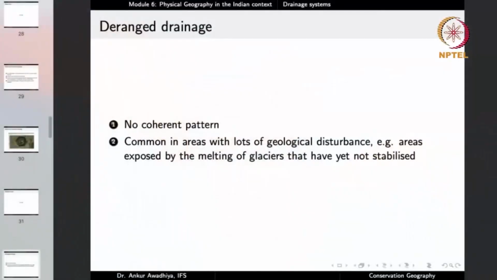In certain other locations, it is possible that the streams just disappear into the moraines. At the same time, in the case of local depressions, you will find a number of lakes that have developed in the area, glacial lakes. And so you can have a stream that is flowing in a certain direction, and then it encounters a lake and it drains itself into the lake. So it becomes a very deranged pattern which keeps on changing.